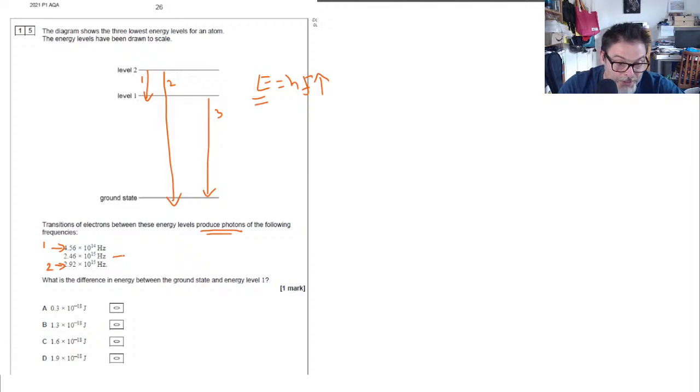So the middle one must be number 3, because number 3 is the middle arrow length, which means it's the middle energy, which means it's the middle frequency. So it's got to be 2.46 times 10 to the 15 hertz.